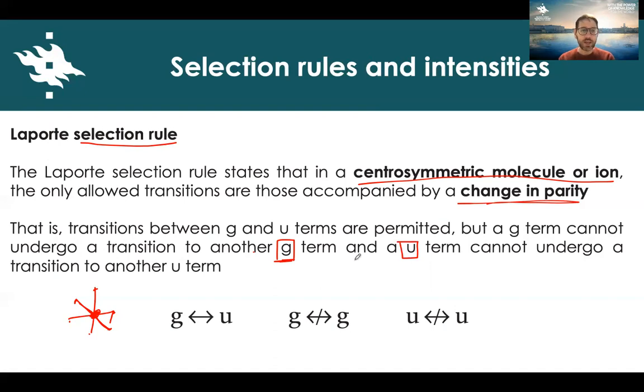This means that a transition between two terms that are centrosymmetric, or two terms that have the g notation, is not possible. And a transition between two terms that are u is also not possible. So the only allowed transitions are the ones that occur between terms of different parities.